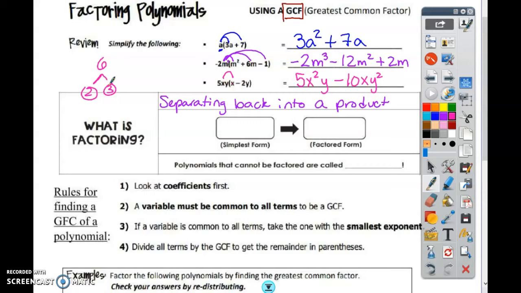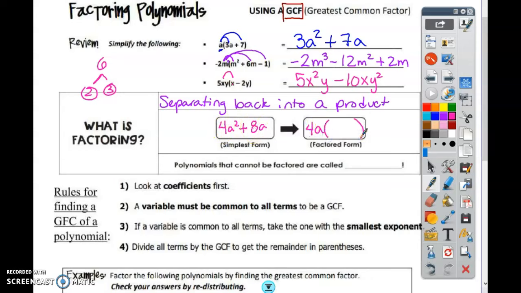So an example would be if I have 4a squared plus 8a. Both of these have an a in common, so I can take out an a. And they also both have factors of 4, so I can take out a 4.